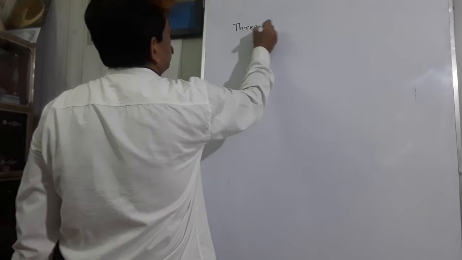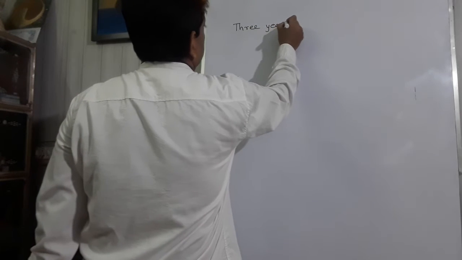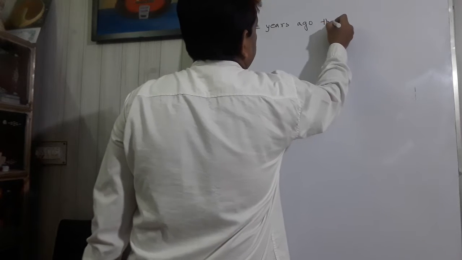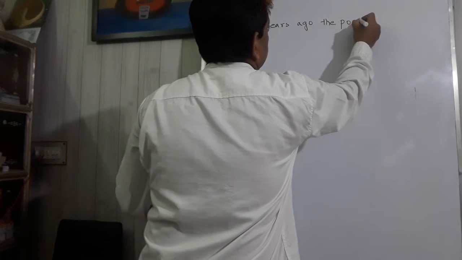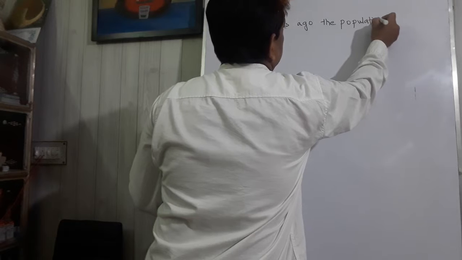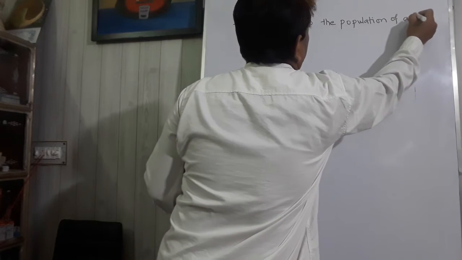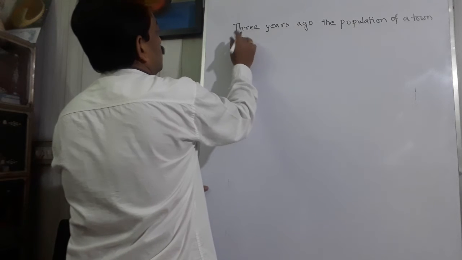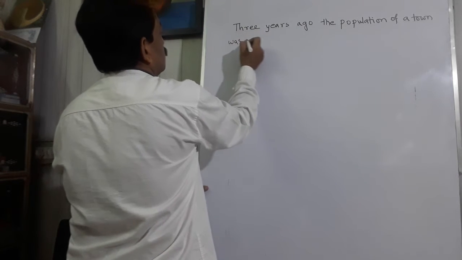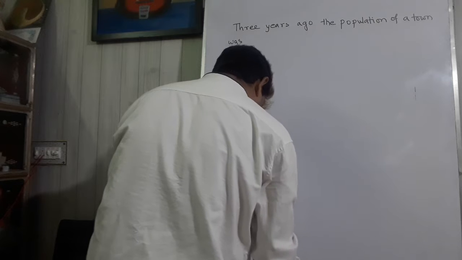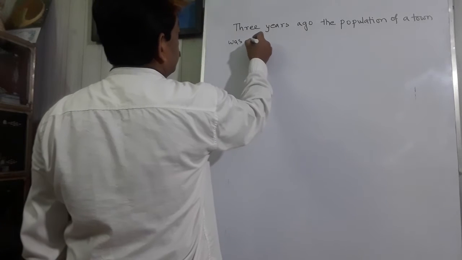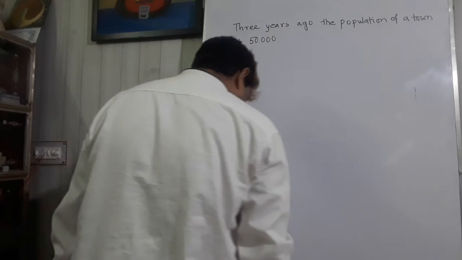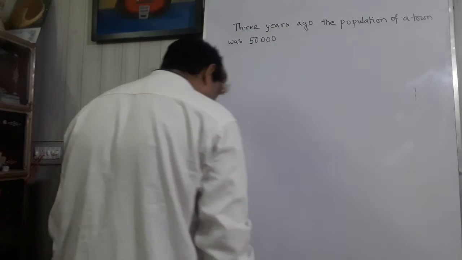3 years ago, the population of a town was 50,000.